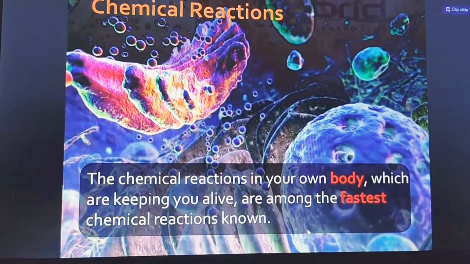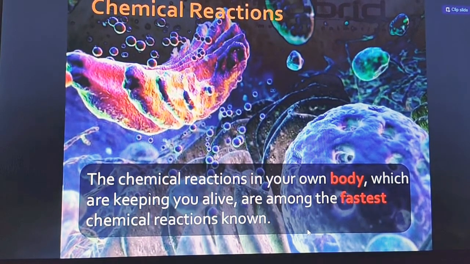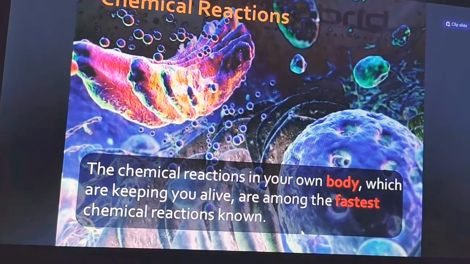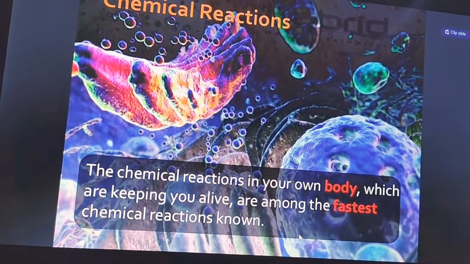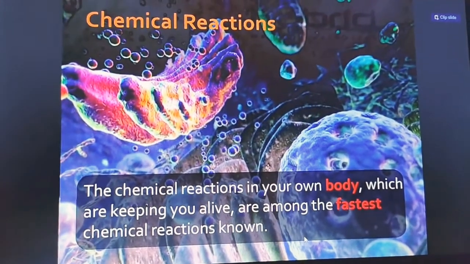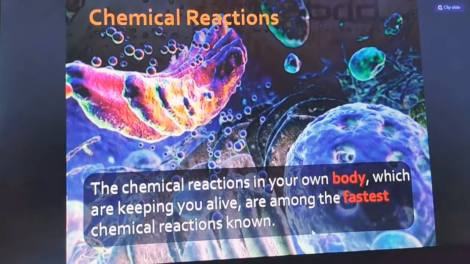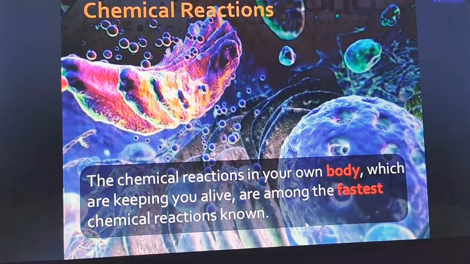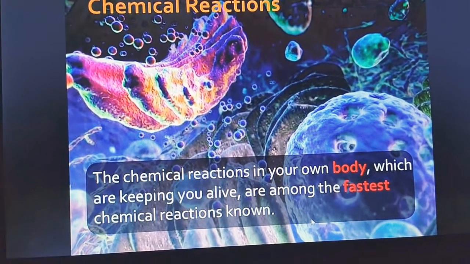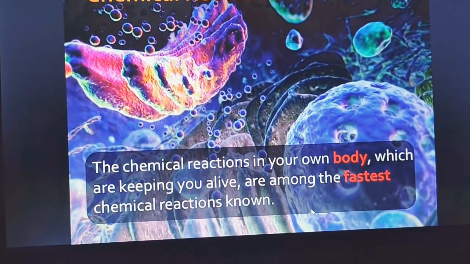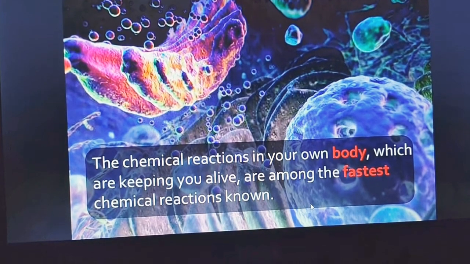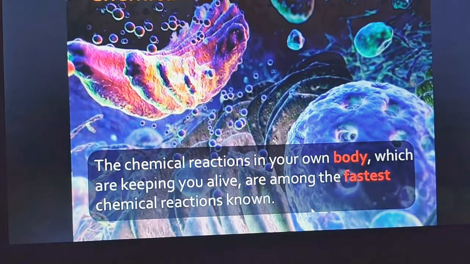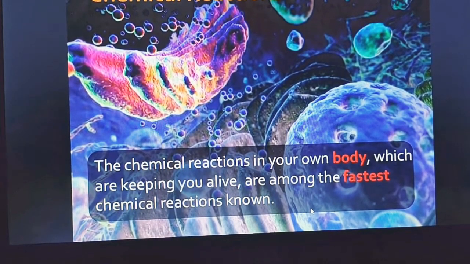One more example: the chemical reactions in your own body which are keeping you alive are among the fastest chemical reactions known. There are 3 metabolic reactions given in your book which you have to see: digestion of starch, digestion of fats, and digestion of proteins. All these metabolic reactions occur by a specific enzyme, and these enzymes are highly specific in their action.